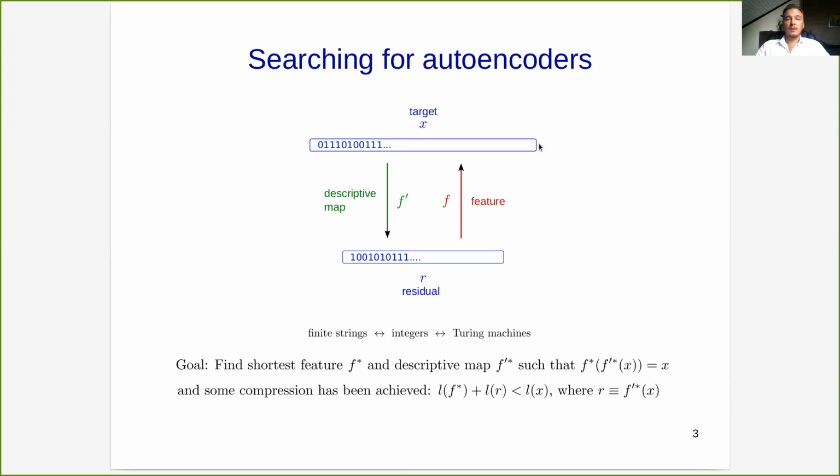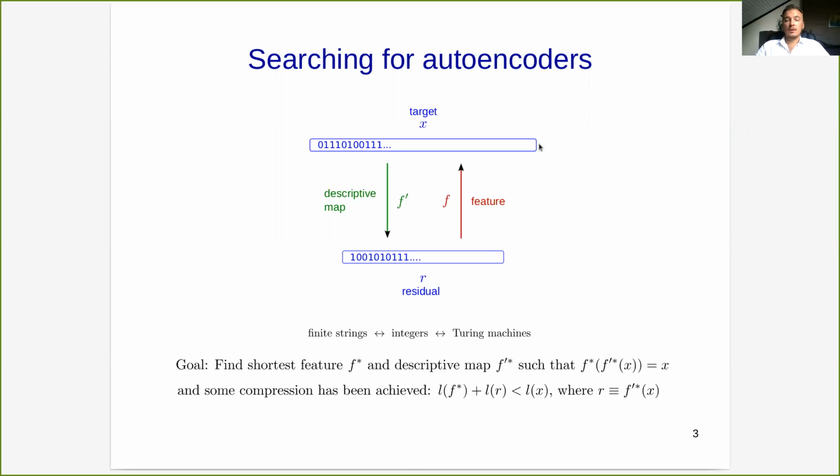You are looking for a pair of functions: a descriptive map f prime and a feature f that constitute together an autoencoder, as you're all probably familiar with. The f prime maps the string x to a residual r, which is required to be at least a little bit shorter than x, and f maps it back to x and reconstructs the data, so to speak.